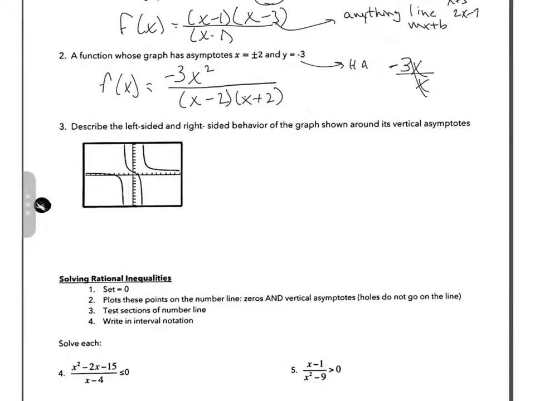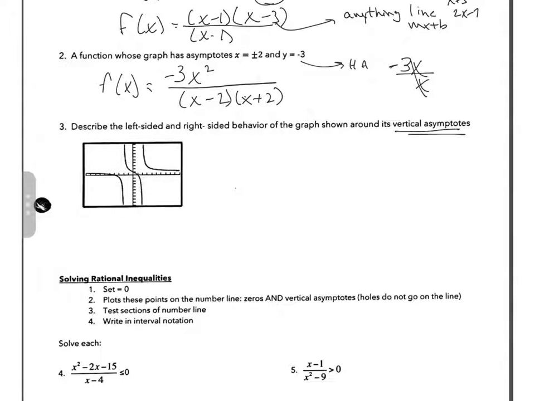So now we have left-sided and right-sided end behavior. As we've talked about before, we've got a lot of ends. But very specifically, it says left and right side behavior around the vertical asymptotes. The vertical asymptotes are the ones that run up and down.